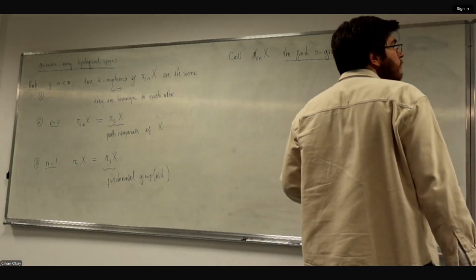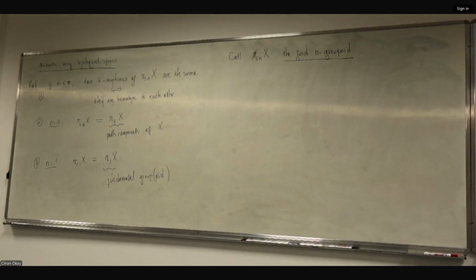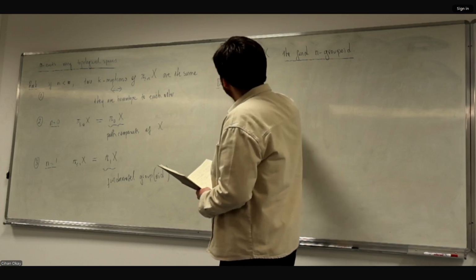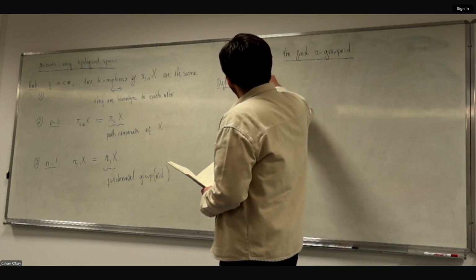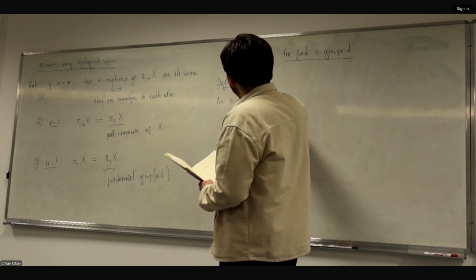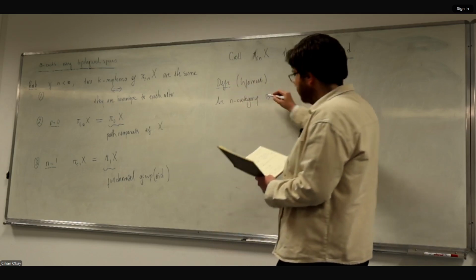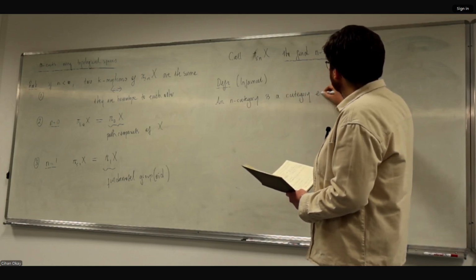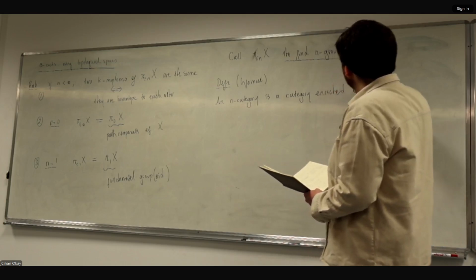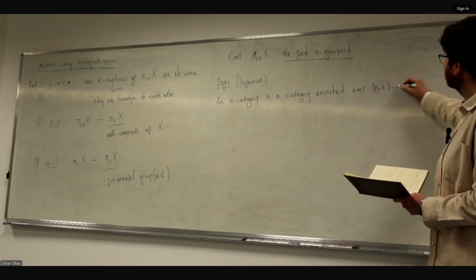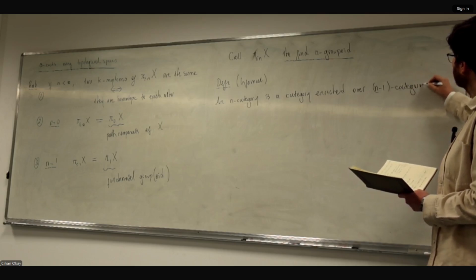So if we go back, this is our inductive and naive way of thinking. You can define something like this. So definition, again informal: an n category is a category enriched over, as you may guess, n minus 1 categories.